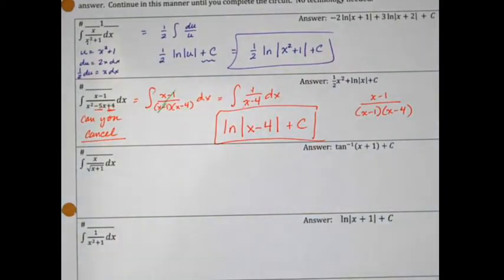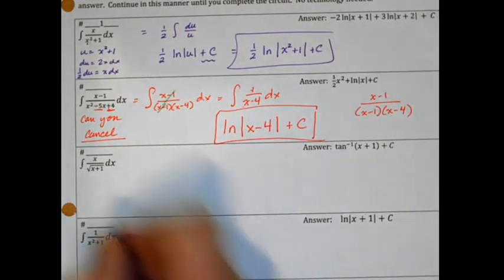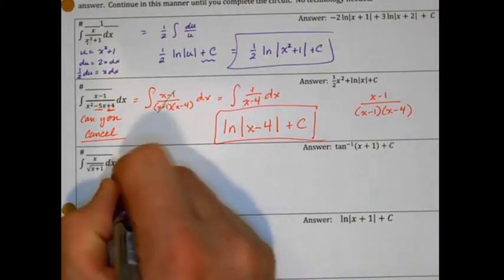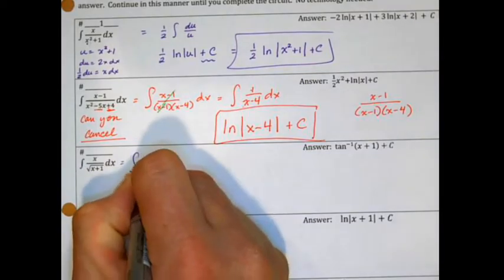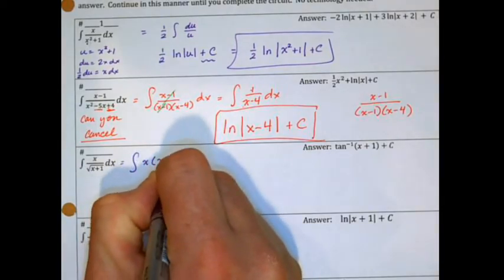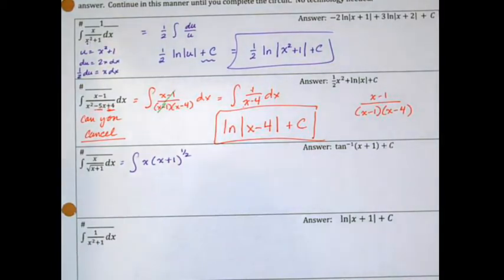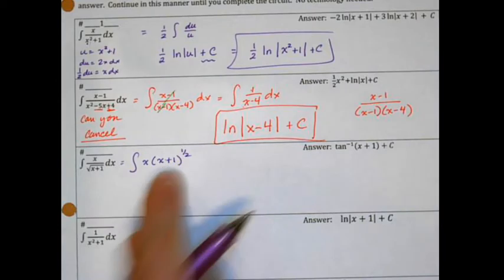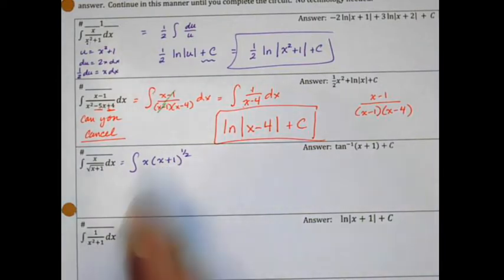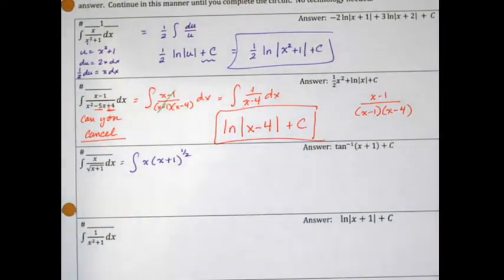Well, the next one is, oh, this one is fun. So what I'm going to do is change this into x times x plus 1 to the 1/2 power. And now I can't distribute the x, and I can't distribute the 1/2 as a power.